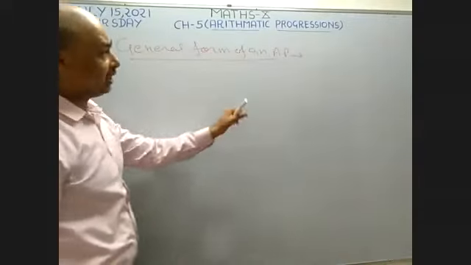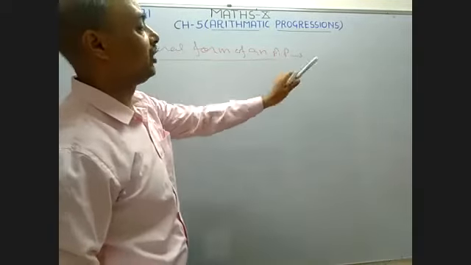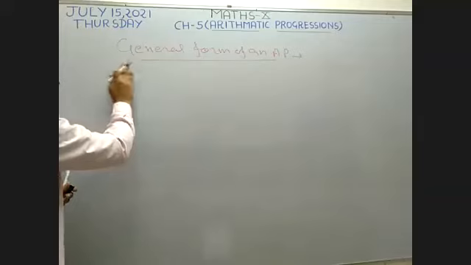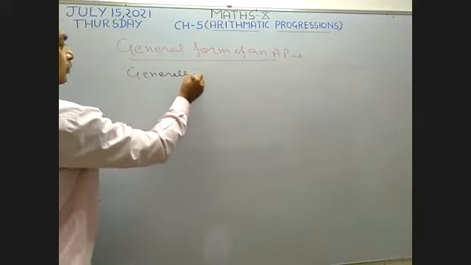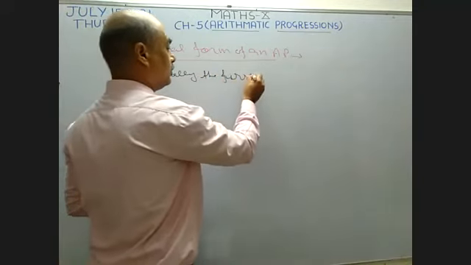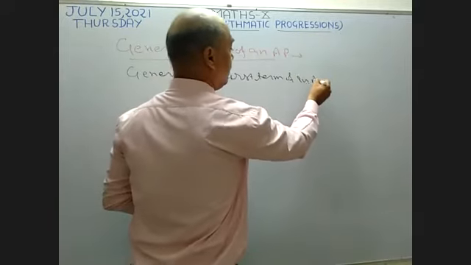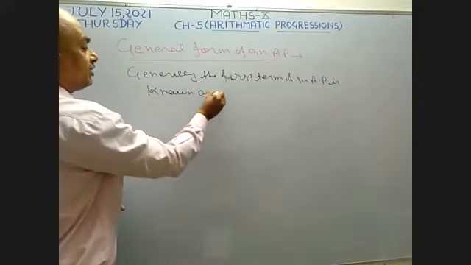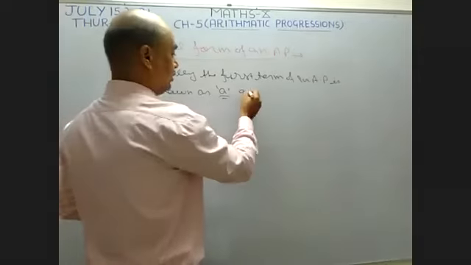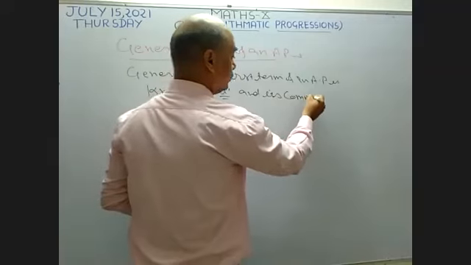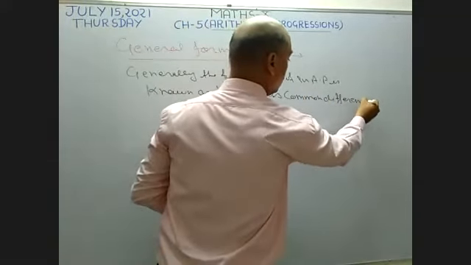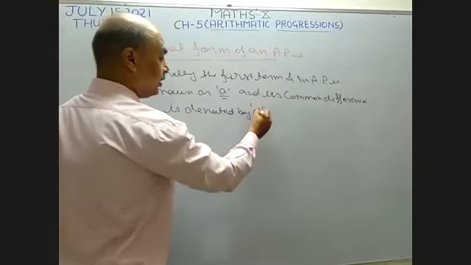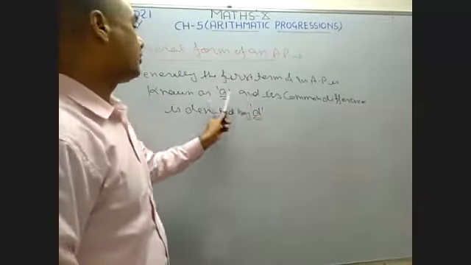Generally, the first term of an AP is known as A. A is the first term of an AP, and its common difference is denoted by D. D stands for common difference, and A is the first term of an AP in general.